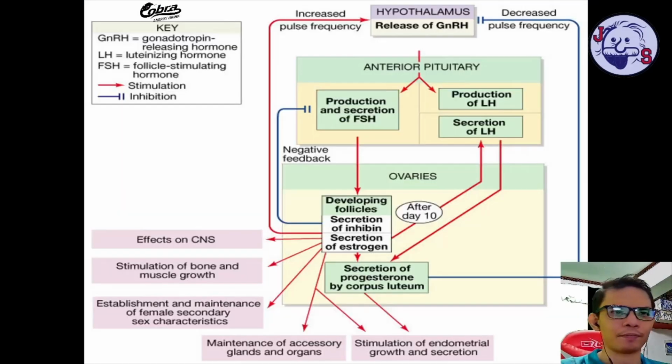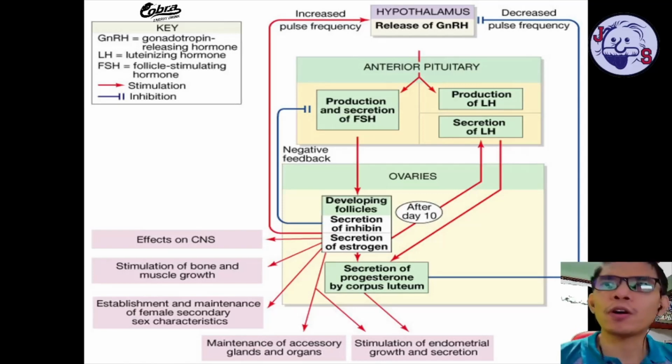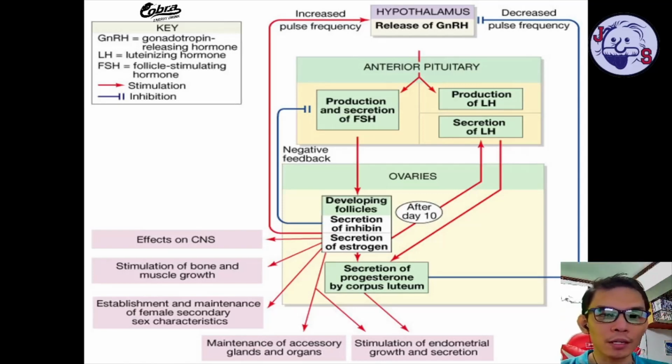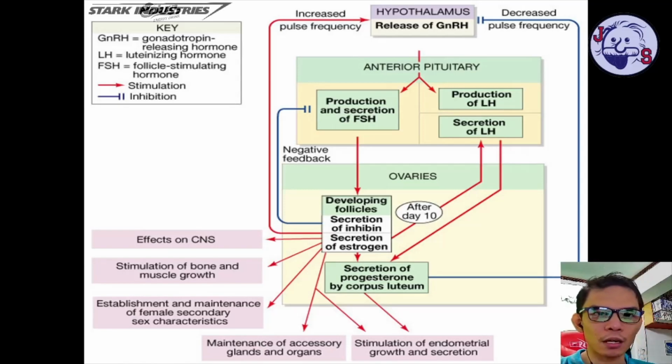Now let's take a look at the diagram and what it looks like. As you can see here, there is also a feedback mechanism. In this case, we have both a positive feedback and a negative feedback mechanism. We all know that positive feedback amplifies, negative feedback reduces.